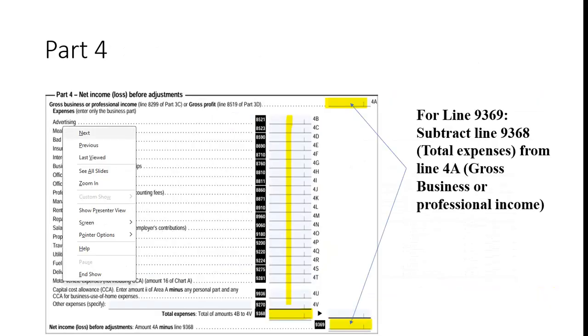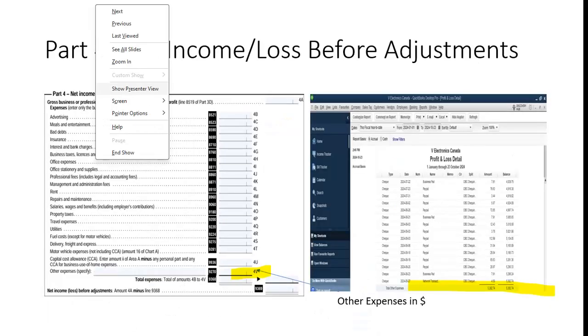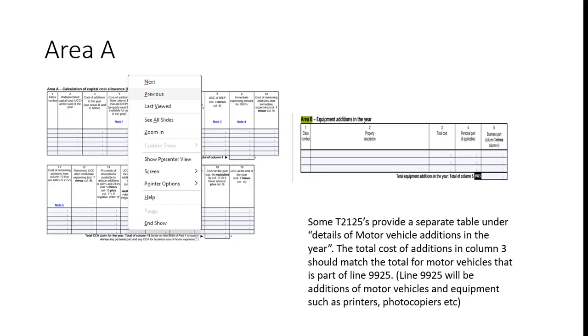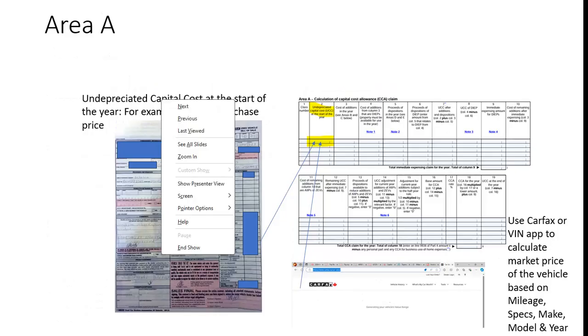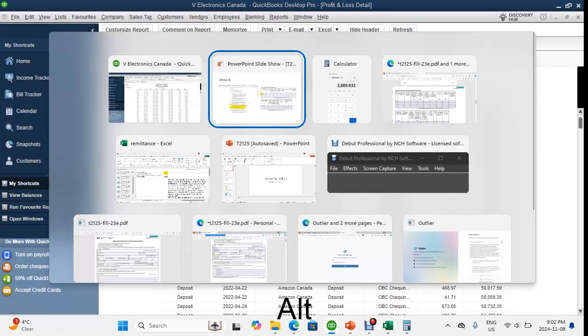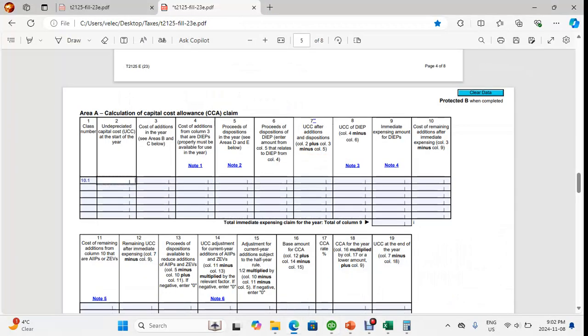You have different classes for different capital items. You can see over here you have class 10, 10.1, and so on. You will declare 10.1 if this is a vehicle. And the UCC, or the undepreciated capital cost at the start of the year, let's say this is $10,000.